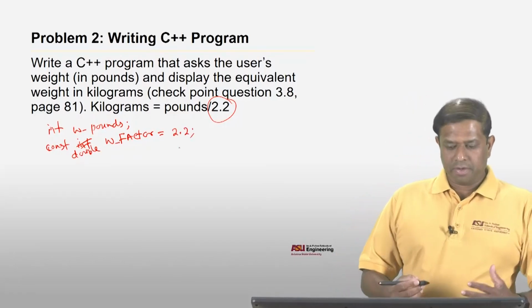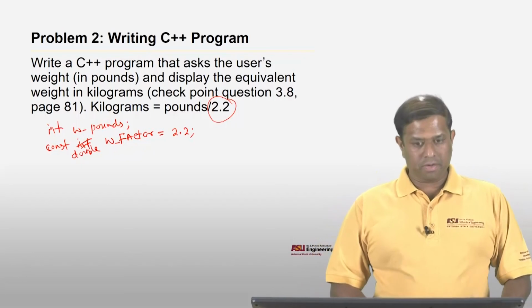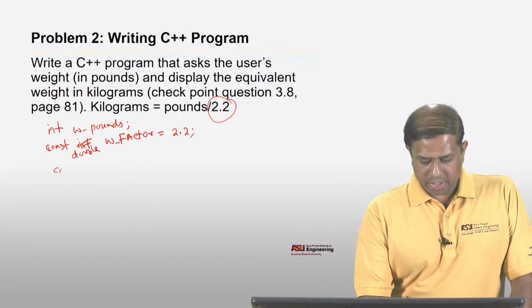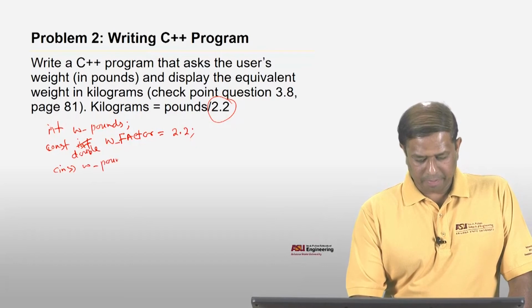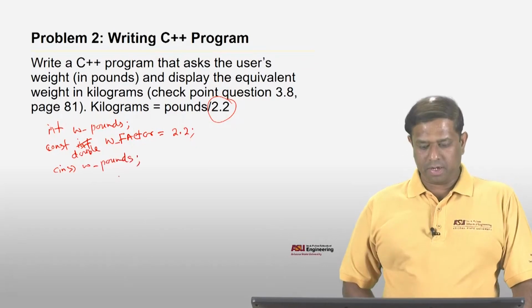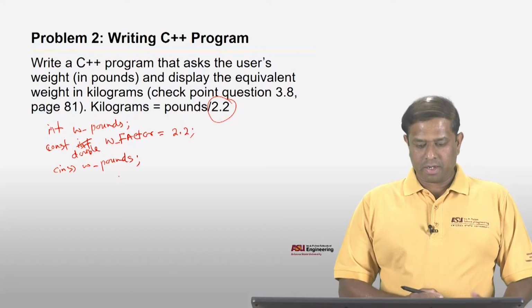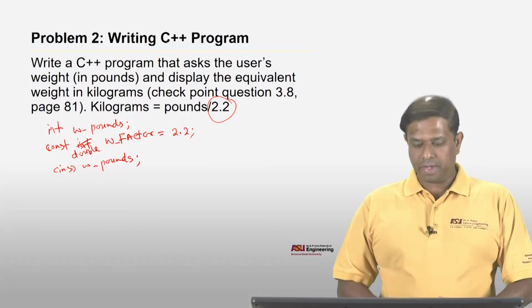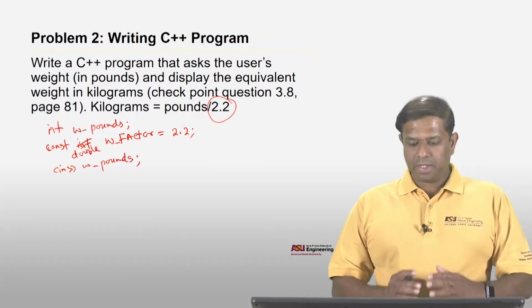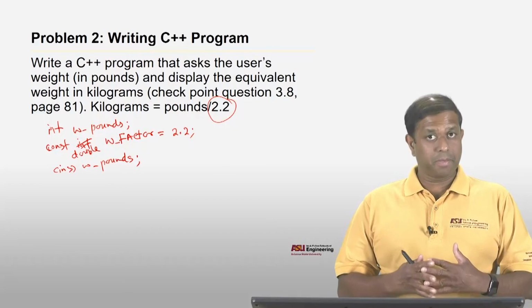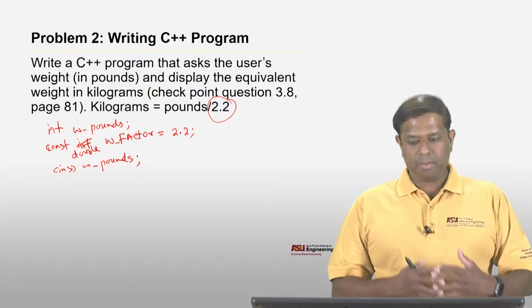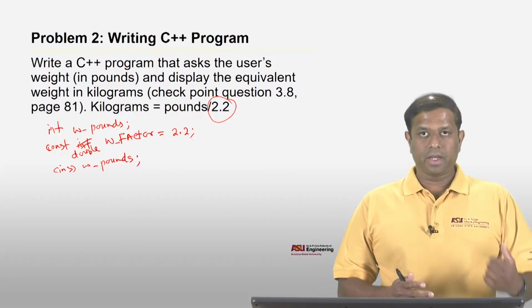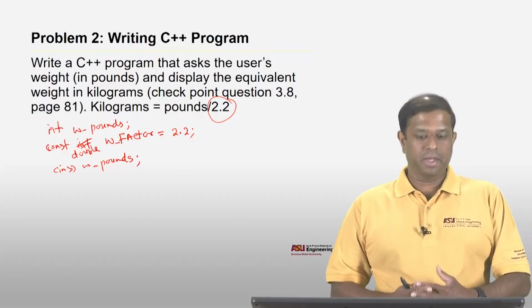Now the next thing we need to do is read the weight in pounds from the keyboard. So cin weight in pounds, right? Now after doing this, we can do the calculation for weight in kilos. This is where, again, we need to think about the appropriate data type for it. Since we are going to divide weight in pounds by 2.2, the corresponding result is going to be a double value.